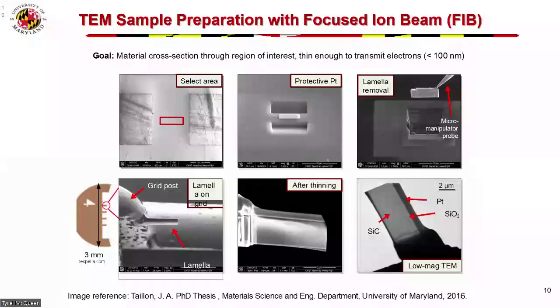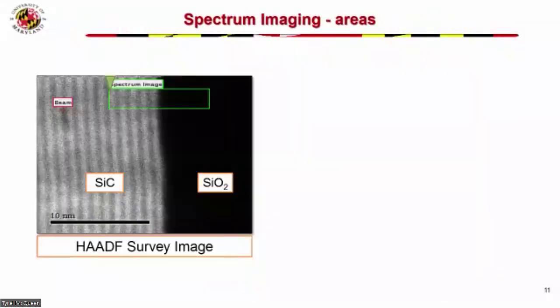So we do see in the platinum layer that there's still some platinum here. We use gallium ions, I should have mentioned that, and we do see some gallium implantation. But we make it thick enough so that there's no gallium implantation, at least not enough to be visible in the sample. But yeah, that's always a concern.